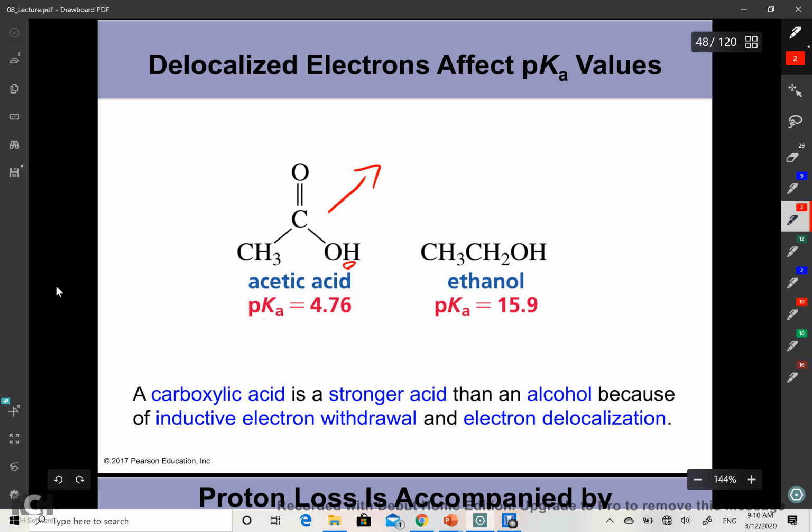By losing that hydrogen, it will produce H plus and CH3 carbon, double bond oxygen, single bond oxygen with a negative charge. Do you see that? If the alcohol decides to react, it will give H plus and CH3 CH2 O minus.